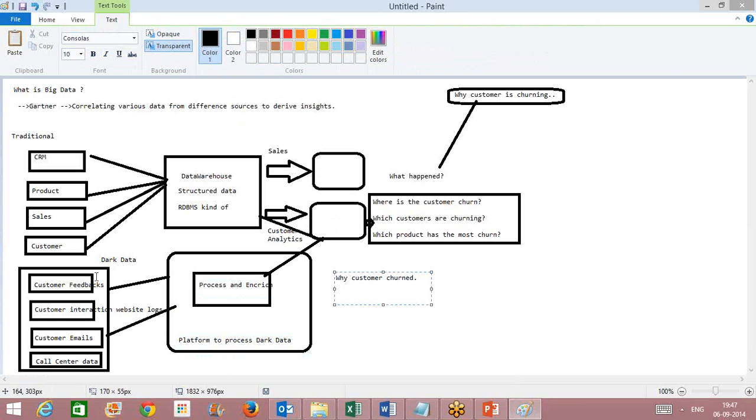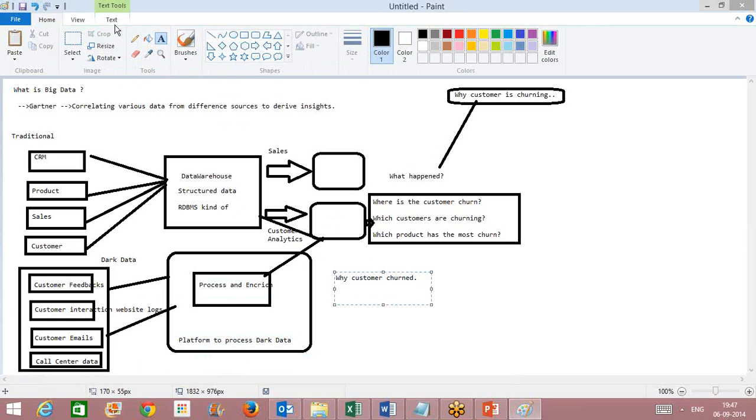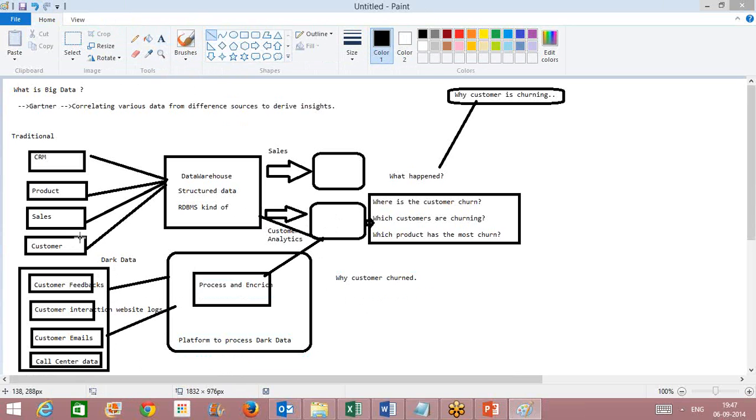So this customer is most likely frustrated and is going to churn. Apart from that, you will also see that the sales is reducing from that customer because the customer is already unhappy. So this is one way where you can identify why certain things happened. Why a customer churned could really be answered by bringing in the dark data.